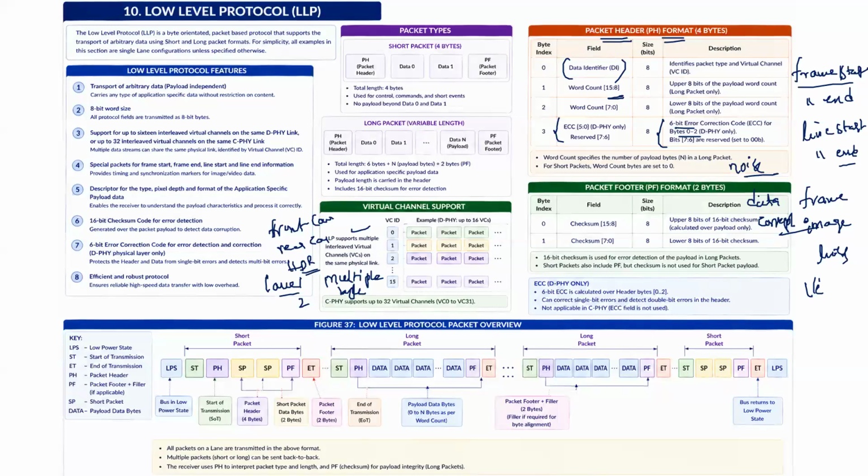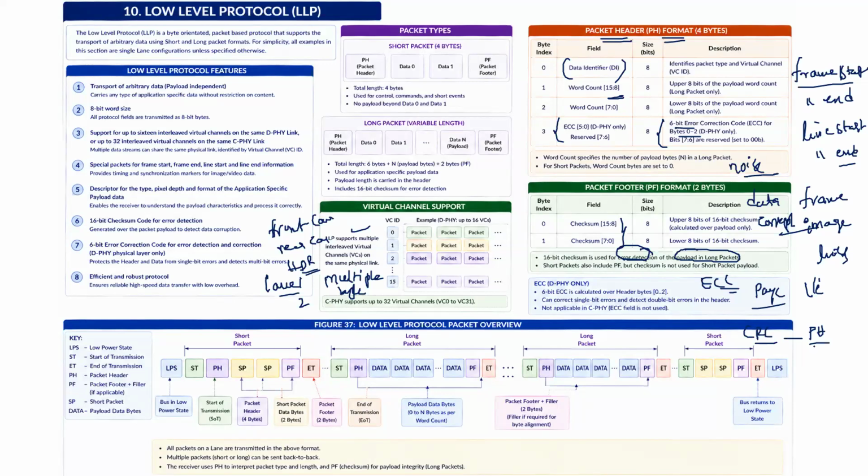And then payload types, payload size and payload formats we are having. For that we are using checksums. A 16-bit checksum is used for detecting errors in the payload. So CRC checks whether your error is there in the payload or not.